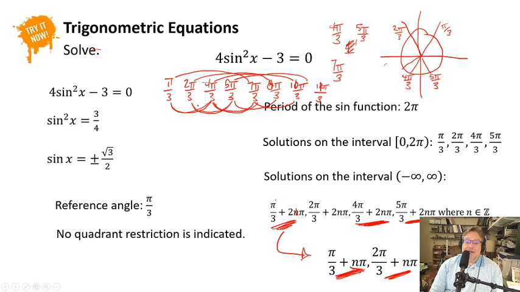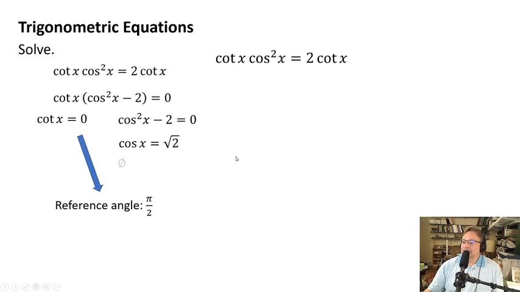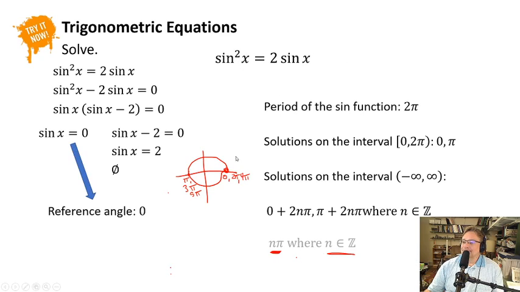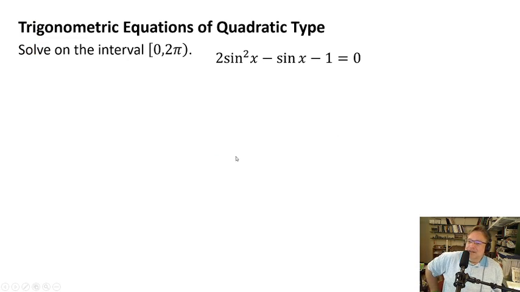So 3 pi over 3 is just pi, and so you can see the cyclical pattern here just involves adding or subtracting multiples of 1 pi, not 2 pi. Okay, so let's keep going here.